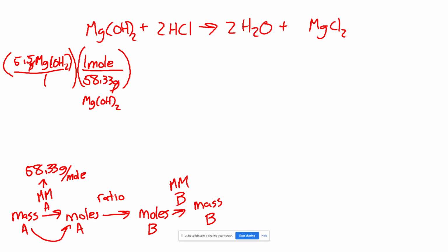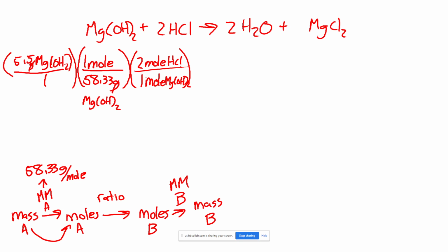Now I want to go from moles of magnesium hydroxide to the moles of HCl. And to do that, I use the coefficients in this balanced equation. So this balanced equation tells me that for every 1 mole of magnesium hydroxide, I use up 2 moles of HCl.